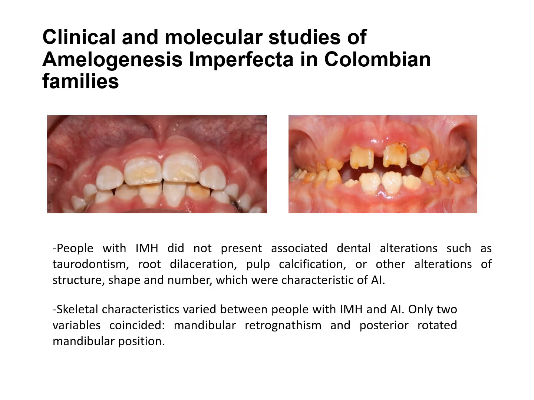And we found people with molar incisor hypomineralization did not present associated dental alterations such as taurodontism, root dilaceration, pulp calcification, or other alterations of structure, shape, and number, which were characteristics of amelogenesis imperfecta. In terms of skeletal characteristics, only 2 variables coincided: mandibular retrognathism and posterior rotated mandibular position.